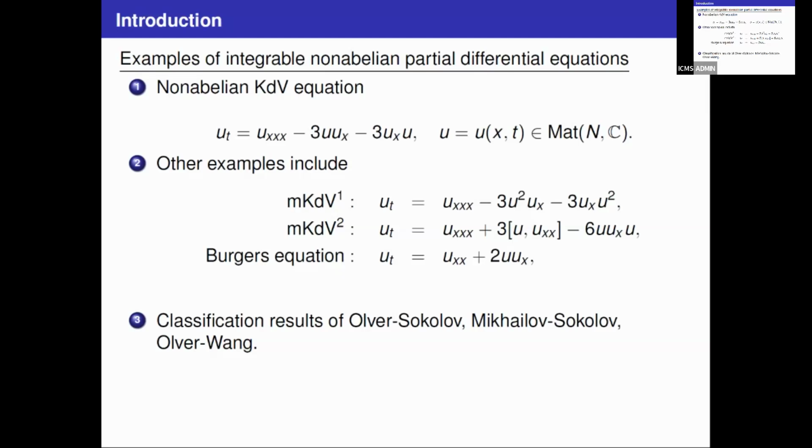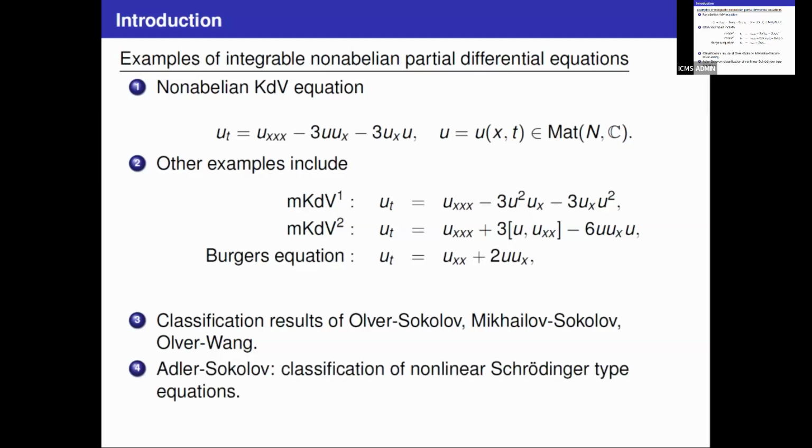There are no Sawada-Kotera, Kaup-Kupershmidt non-abelian versions. And recently, Adler and Sokolov classified non-abelian nonlinear Schrödinger type equations, and Sokolov and other authors started the classification of non-abelian Painlevé type equations.